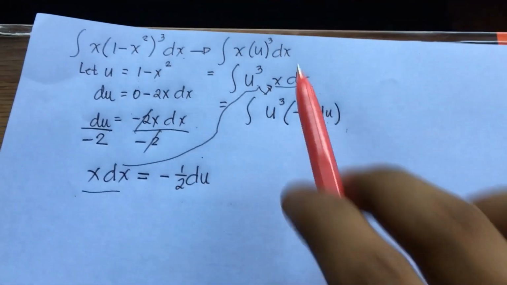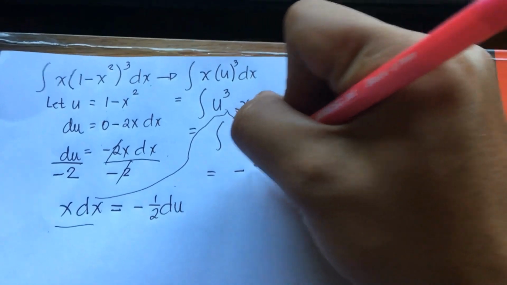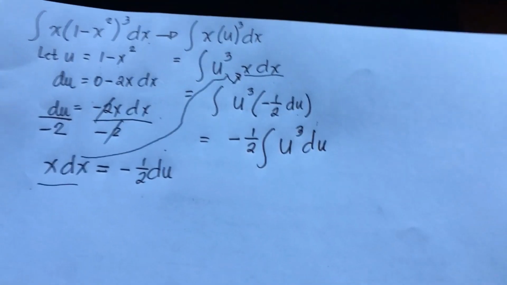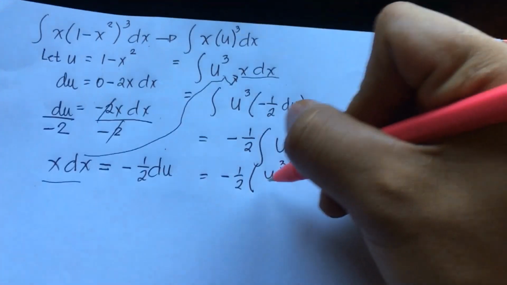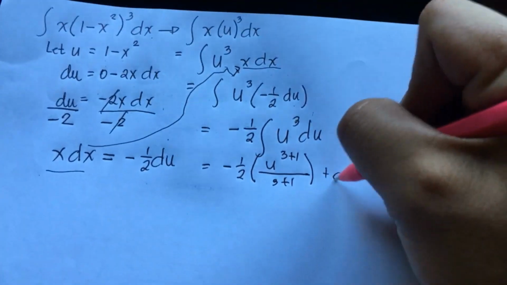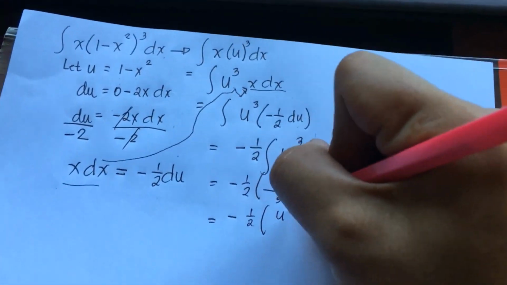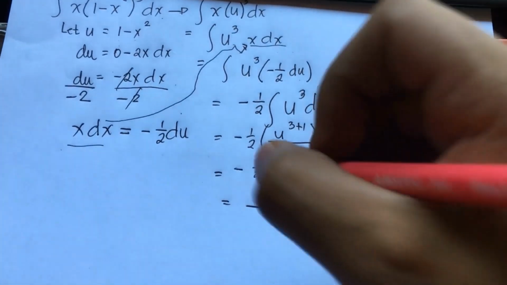So, negative 1/2 na siya constant, u cube du. Apply the rules now. Negative 1/2 u raised to 3 plus 1 over 3 plus 1 plus c. Negative 1/2 times u raised to 4 over 4 plus c. So, you have negative u raised to 4 over 2 times 4 is 8 plus c.